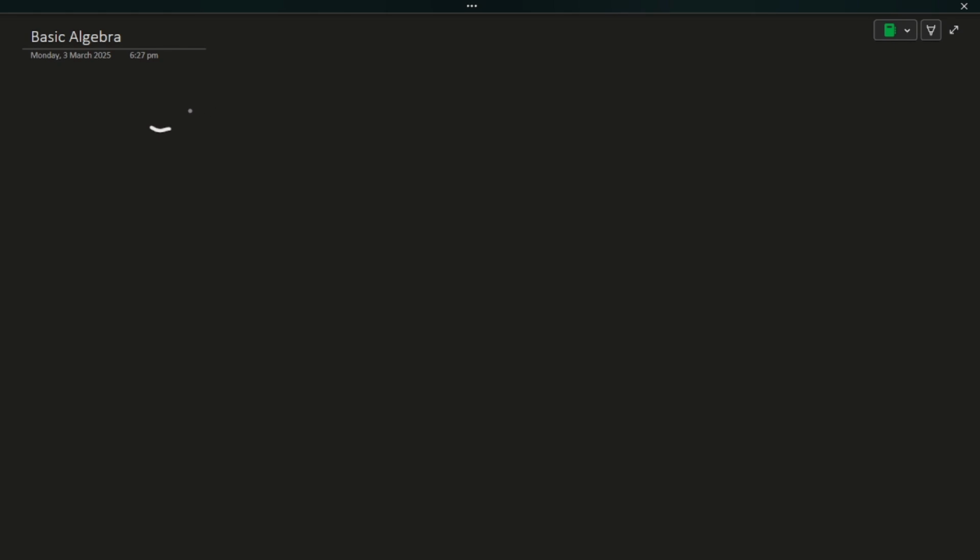So negative 6 plus x is equal to, let's say, 17. Let's do a big number this time, right? So negative 6 plus x is equal to 17.